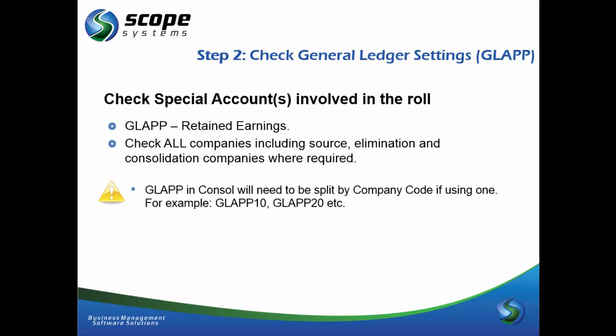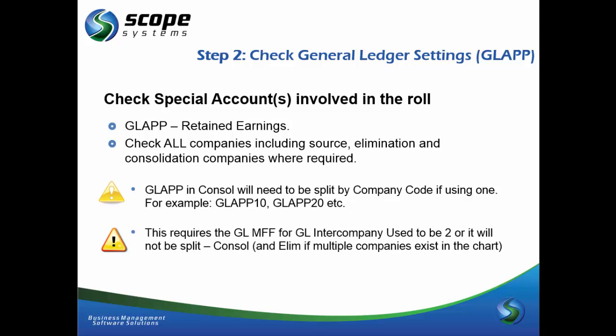If using Pronto for consolidations, the GLAPPI consolidations need to be split by company code if using one. For example, GLAP 10, GLAP 20, etc. This requires the general ledger major function flag for GL intercompany used to be set to 2. Otherwise, the postings will not be split.